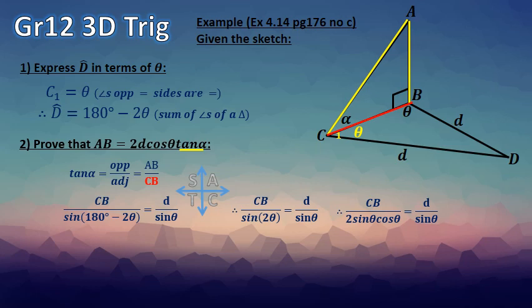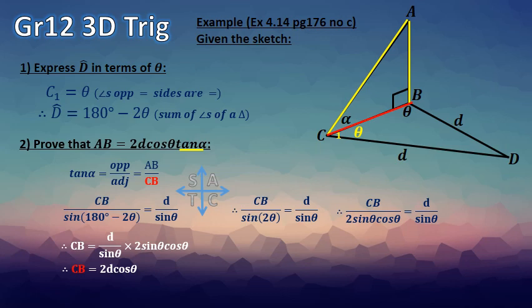Beautiful. Now let's make CB the subject of the formula by multiplying by the denominator, 2 sine theta cos theta. And what do you know? The sine thetas cancel. Oh yeah, and now we end up with CB is 2D cos theta. Look how close that is to what the question is asking of us.